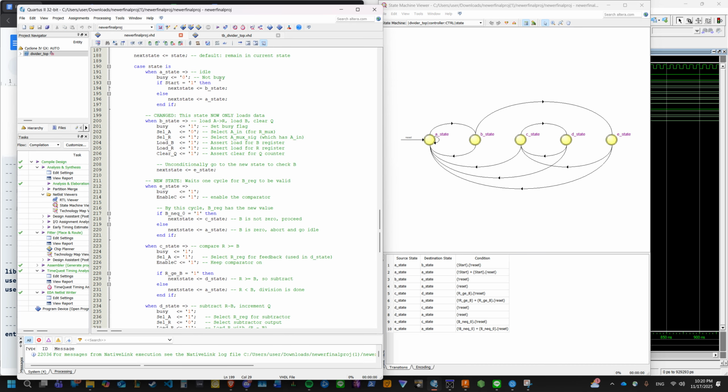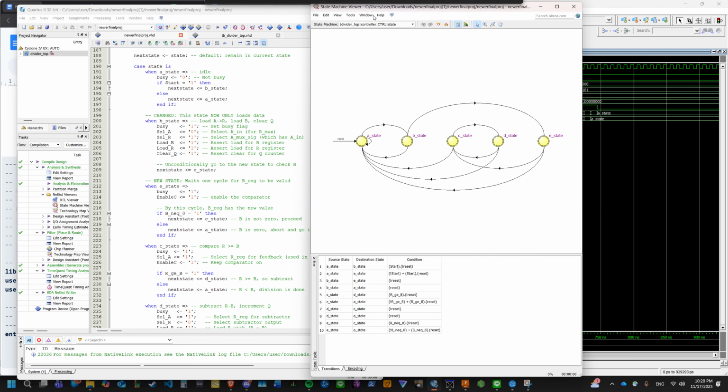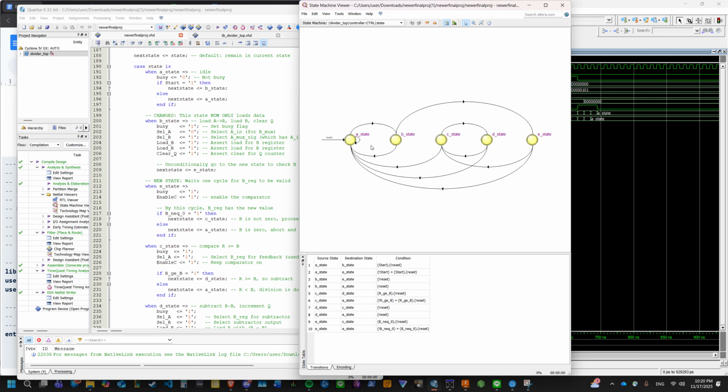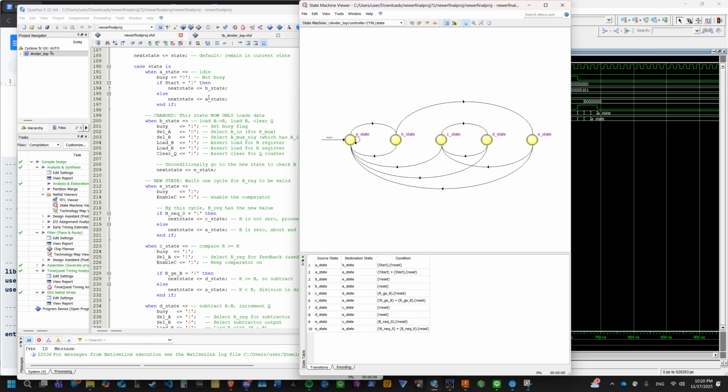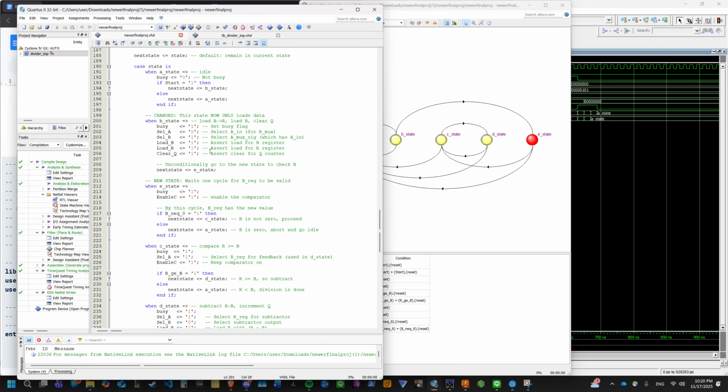For example, A, as you can see here, will go to B if start is one, and it will return to A if start is zero. That happens for all these states.